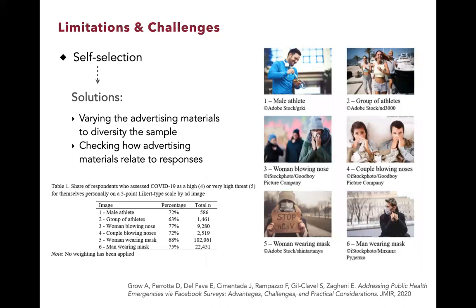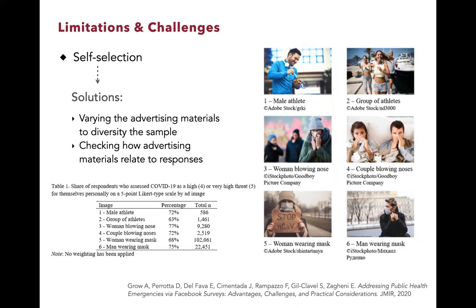Another issue we often encounter in online surveys is the self-selection bias of participants, and a tentative solution to this is to use different materials in the advertisements, as for example we did in our study, using 6 different images in order to diversify the sample and check also how the advertising material relates to responses in order to assess how self-selection may affect answers.